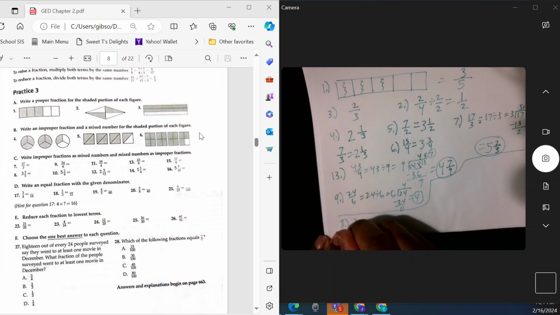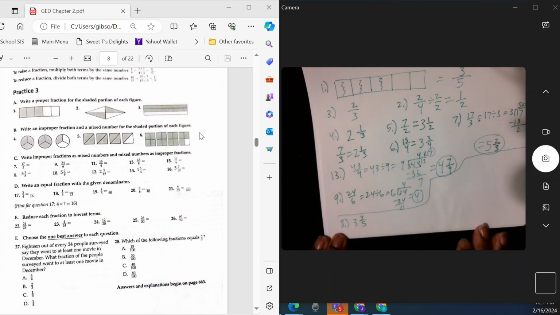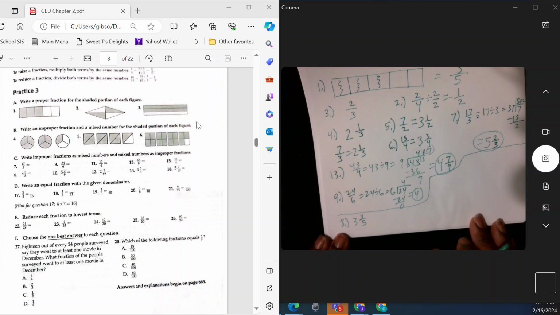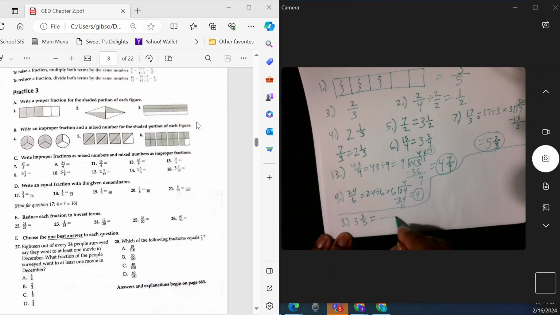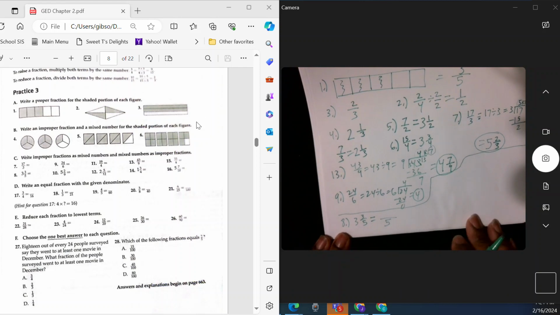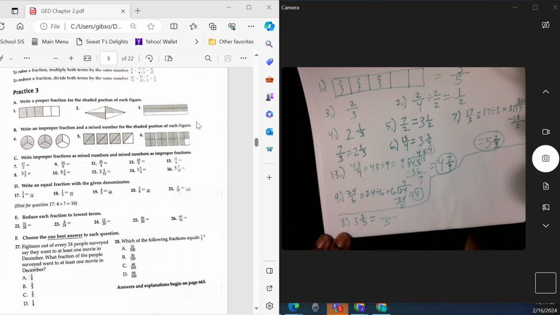Number 8, we had 3 3/5. Okay, so I'm going to write this out the long way first. First of all, your denominator stays the same. Now your numerator goes like this.